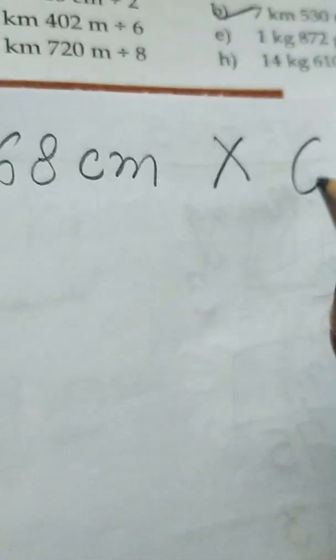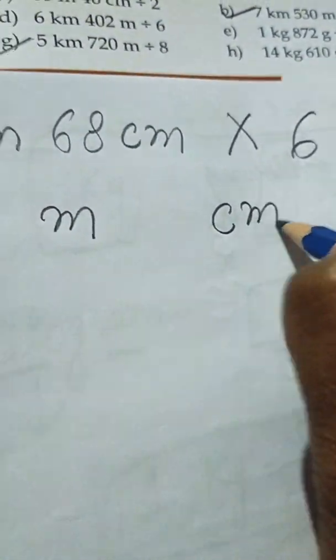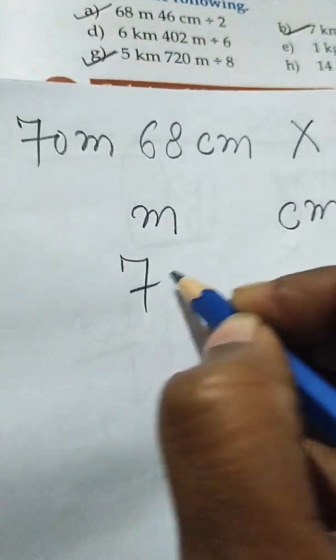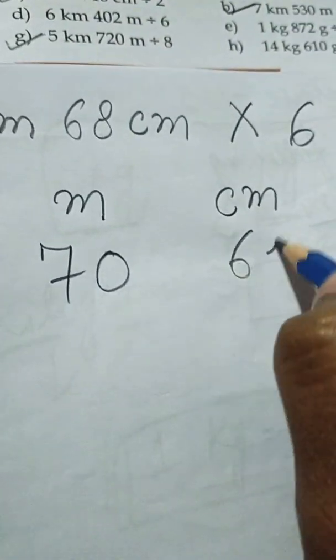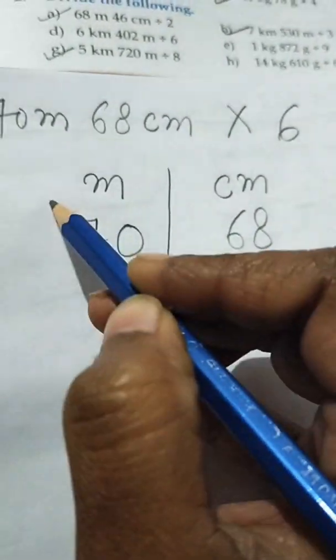In the E part, the statement is 70 meter 68 centimeter multiplied by 6. Yes, here meter and here centimeter. 70 meter 68 centimeter multiplied by 6.